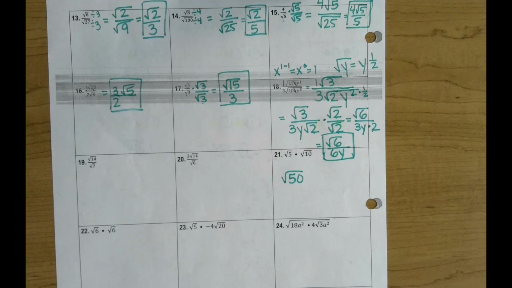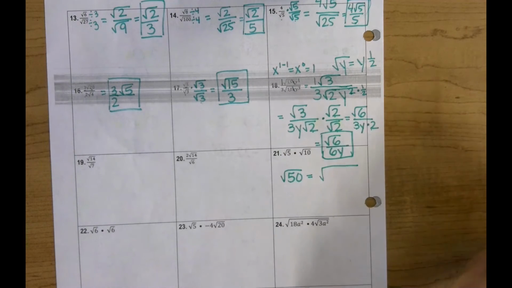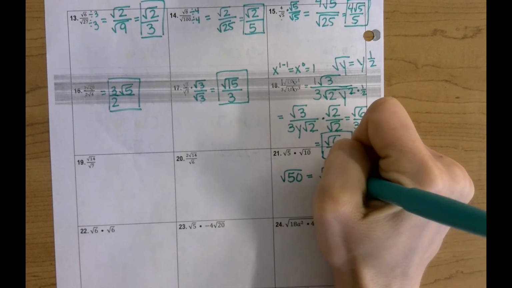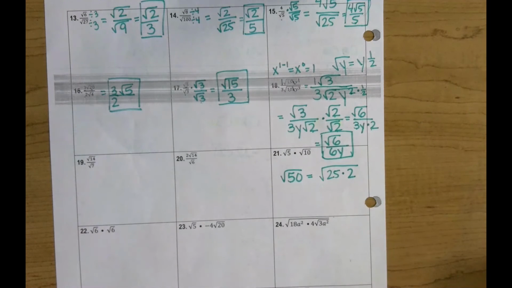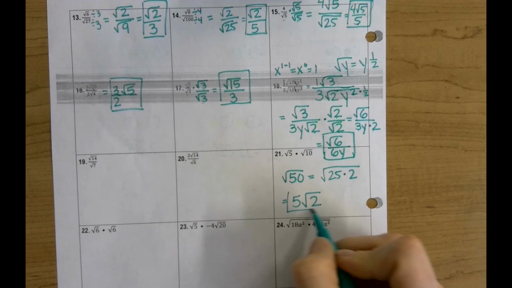If I find a factor of 50 that's a perfect square, I can simplify this further. I know that 25 times 2 equals 50. And I know that 25 is a perfect square. The square root of 25 equals 5. So I can take that out. This is simplest form, 5 times the square root of 2.